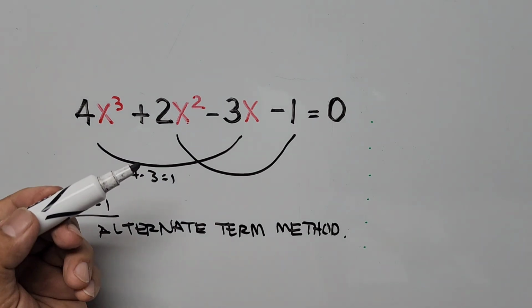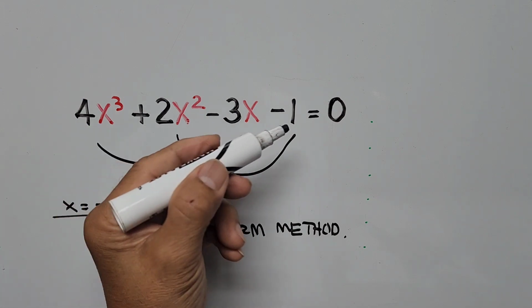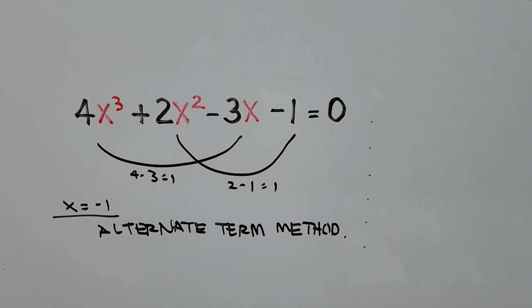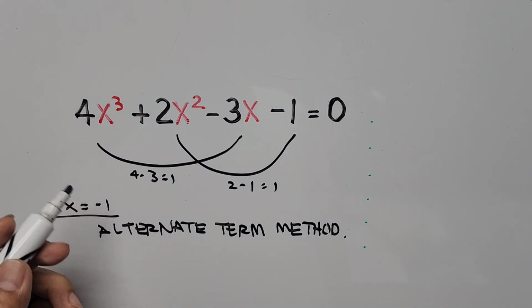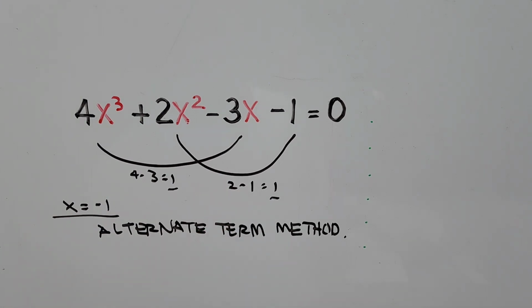And the other alternate term coefficients are 2 and -1, so 2 minus 1 is 1. So the algebraic sums of these coefficients are the same. This means that one of the roots of x is -1. That's the alternate term method.